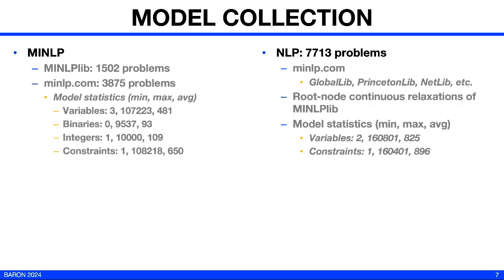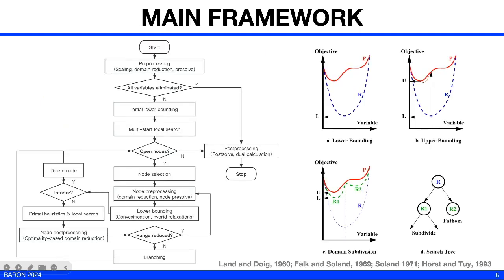These problems are collected from open source benchmark libraries, for example, the MINLP library or the IBM library. For the NLP problems, we collected problems from the Global Library and the Princeton Library. We also collected the root node continuous relaxation for the MINLP benchmark library. That's why we see more problems in the NLP collection.